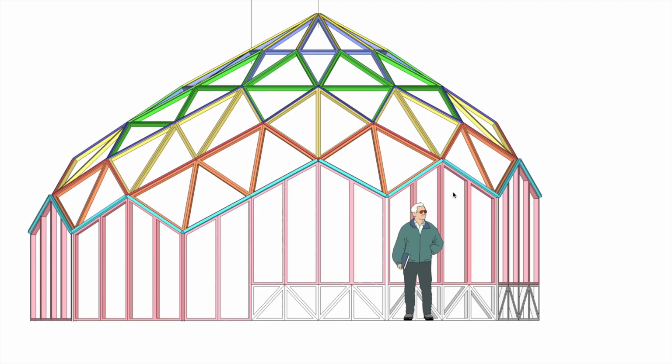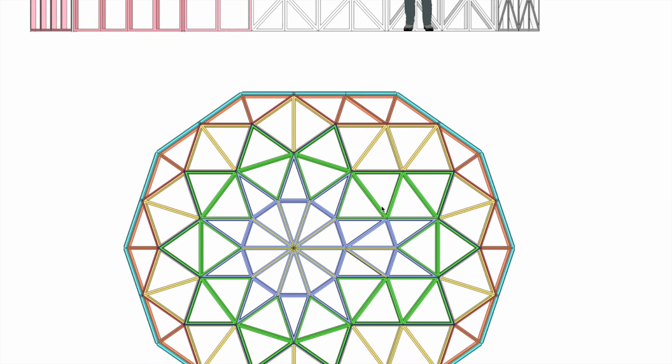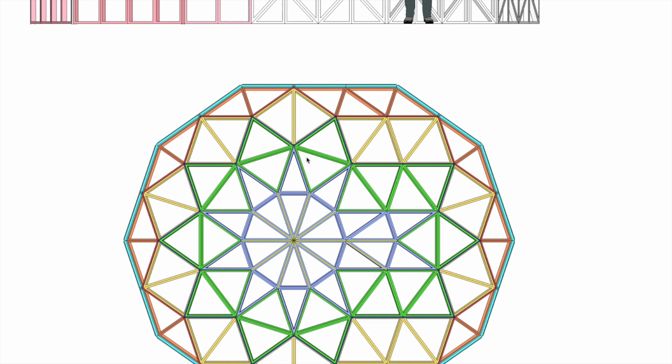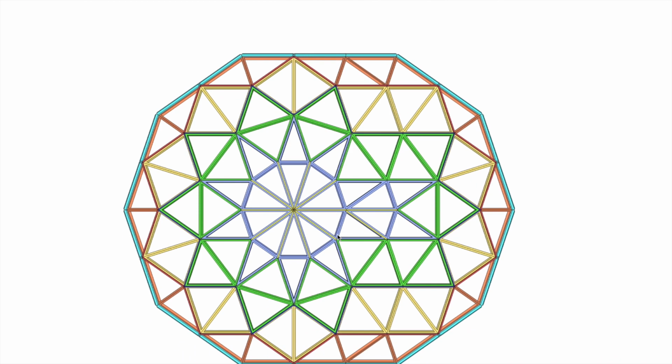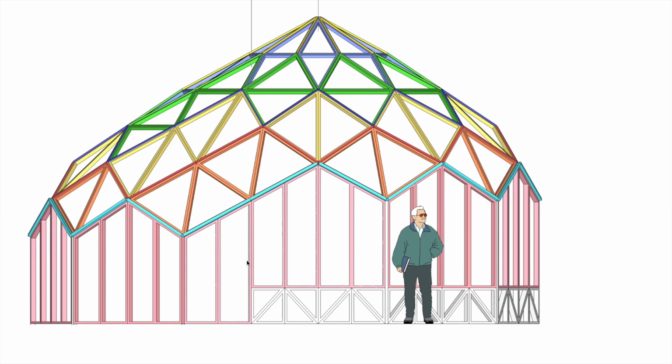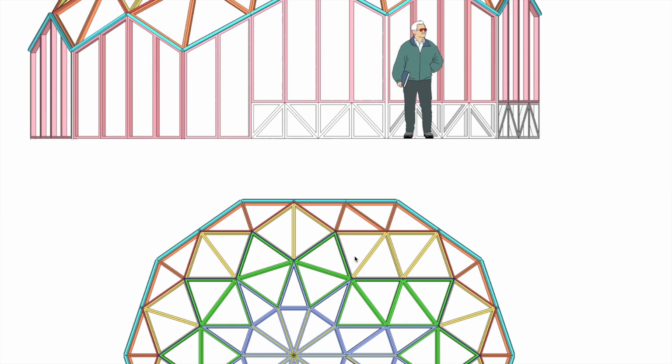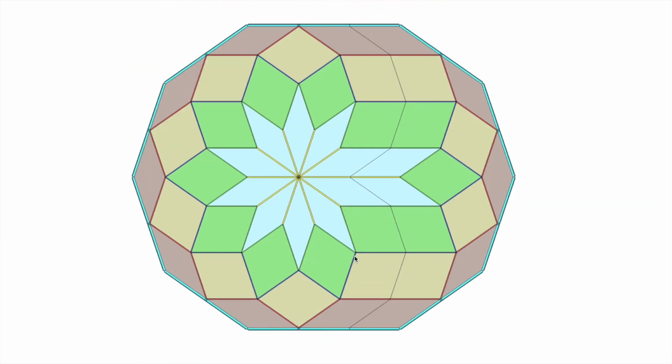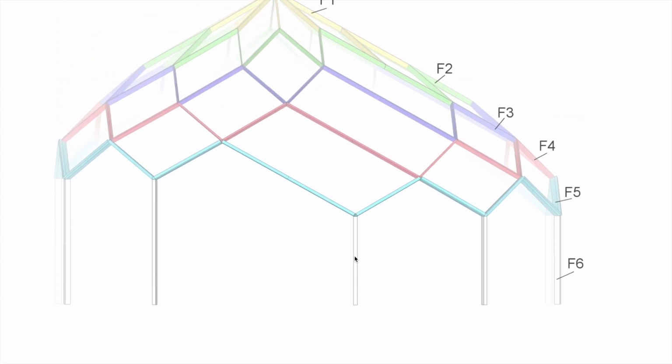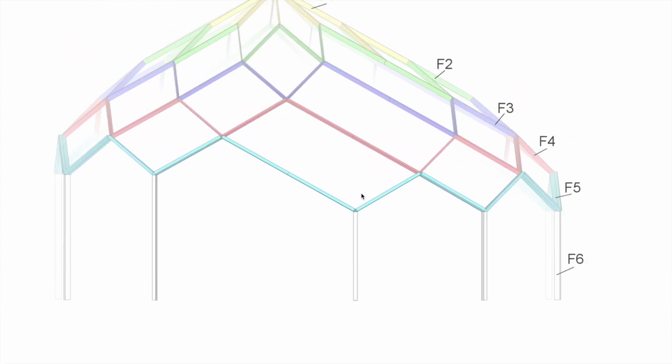You can make this round. It's 10-sided, but you can also slew it off to one side, and that's what we've done in this, just to give it a bit more look to it. And there's your roofing and where everything goes.